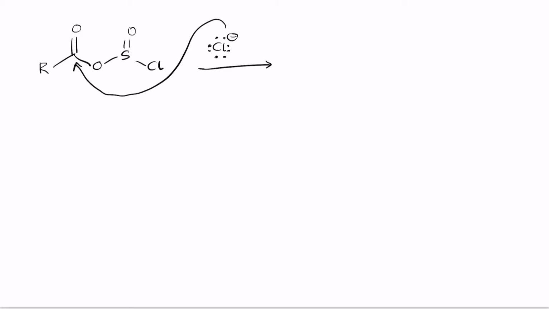When it attacks the carbonyl carbon, the oxygen goes up and gets back three pairs of electrons, and here you have chlorine. Next, the oxygen donates its electrons back to the carbon, and the carbon donates its electrons back to the oxygen.